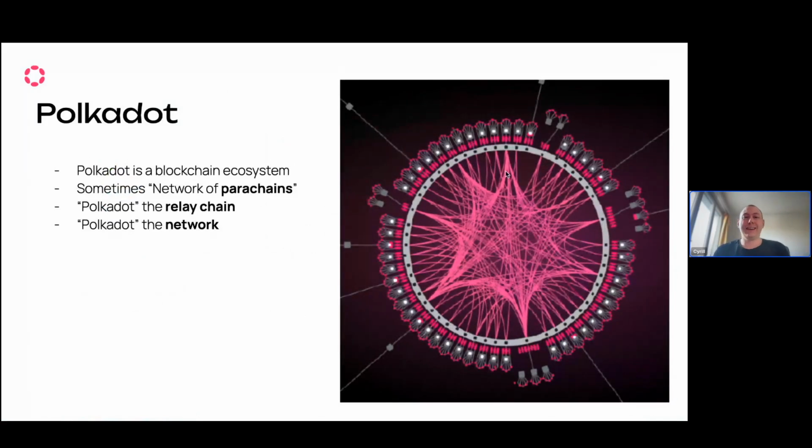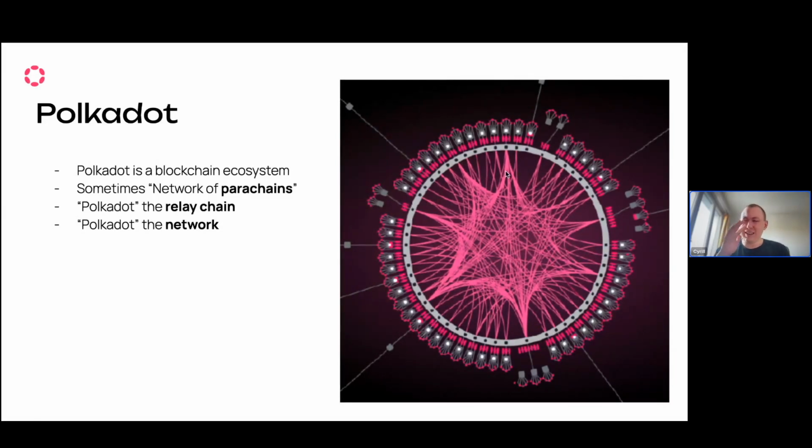Polkadot is a bit unlike other blockchains, if you think about Ethereum L1 or Solana, because Polkadot is really a network of parachains, or an ecosystem. When people talk about Polkadot, they either mean the ecosystem, or the relay chain, or the network.